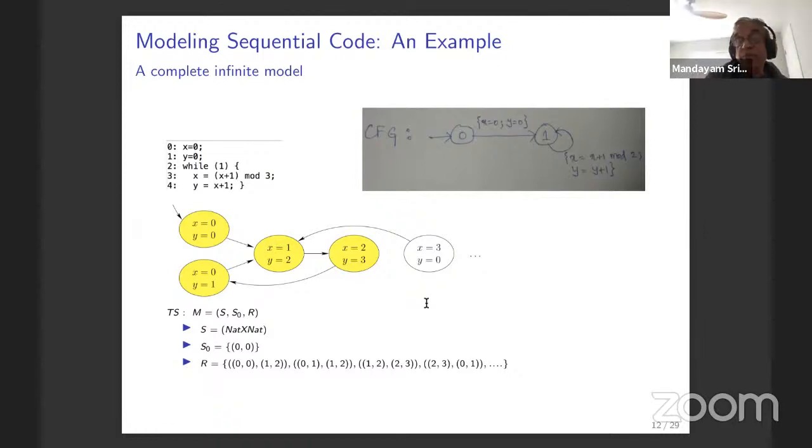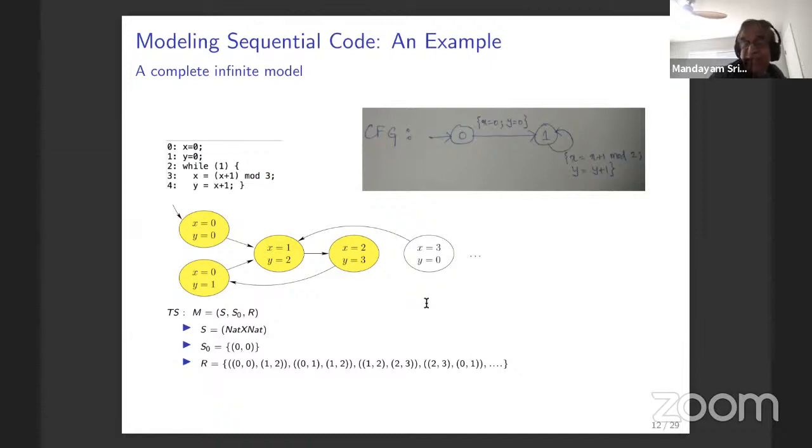So if you use formulas to denote sets of states, and you view the set of states that a formula denotes as the set of valuations for which it is true, then you have a finite representation. The formula can be a finite representation of an infinite set of states.